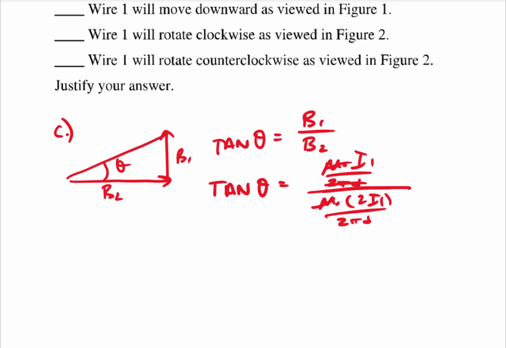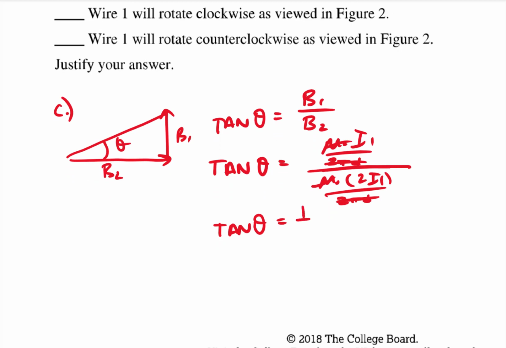So the mu 0's cross out, the 2 pi d's cross out, and the I's cross out. And the tangent of that angle is equal to 1/2. So that angle is equal to the arctan of 1/2. And that angle comes out to be 26.6 degrees.